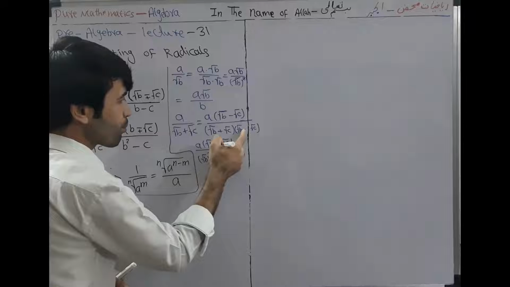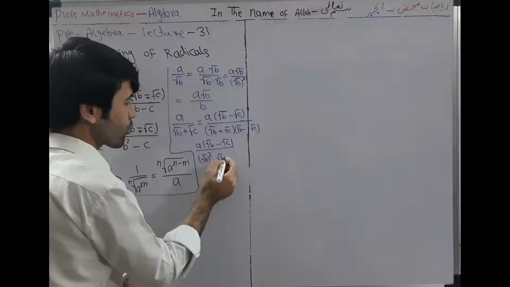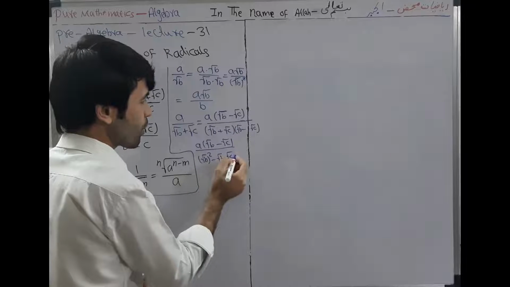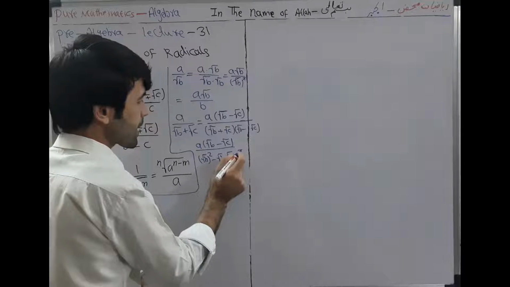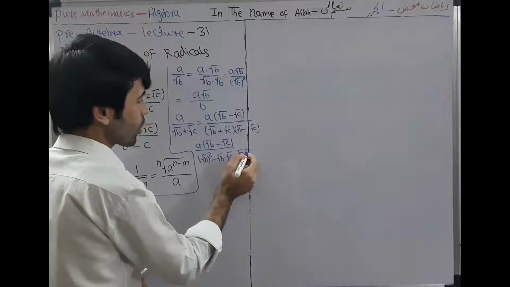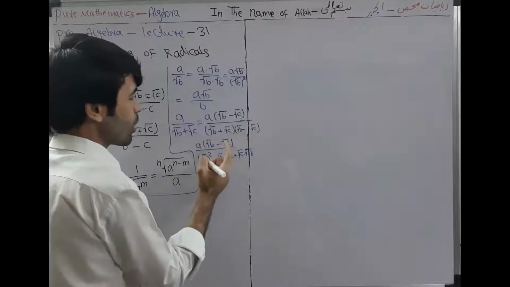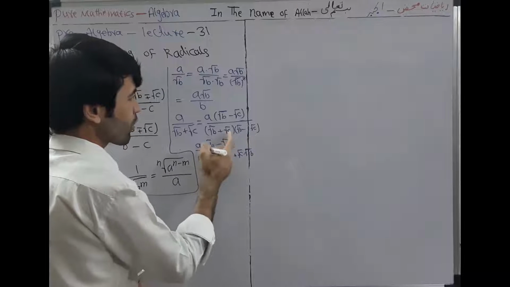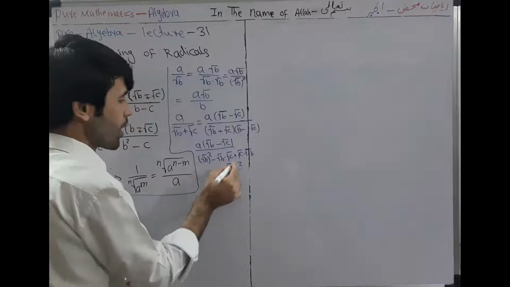Square root of b multiplied by minus square root of c gives minus square root of b into square root of c, plus square root of c multiplied by square root of b gives plus square root of c into square root of b, plus minus multiplied by minus square root of c gives minus square root of c whole square.